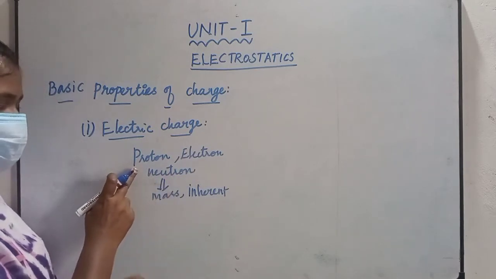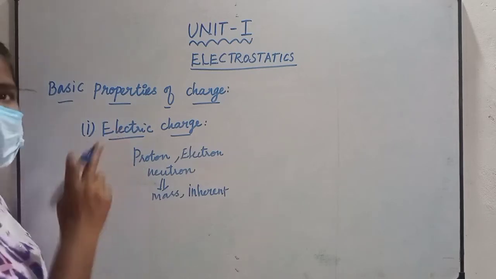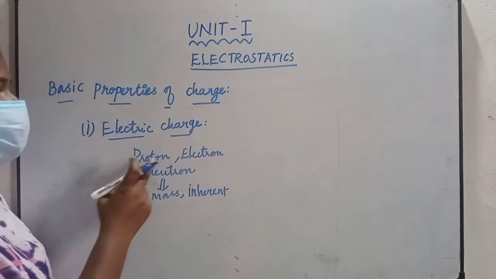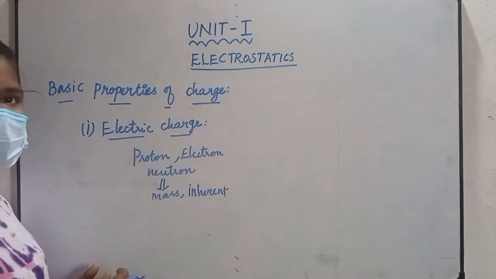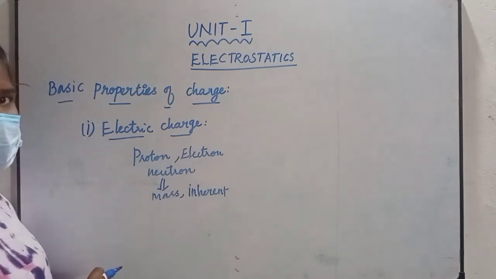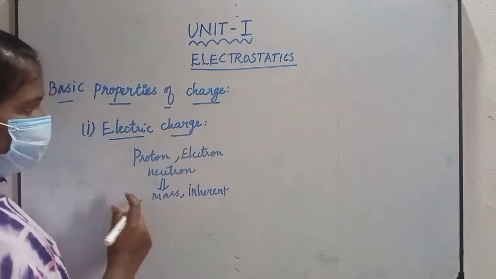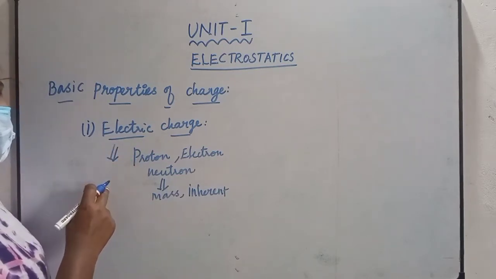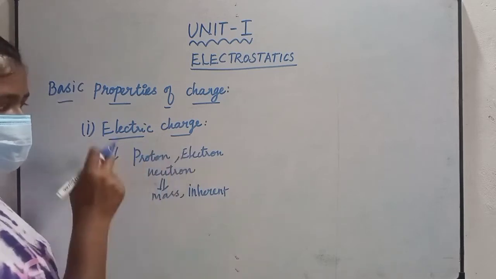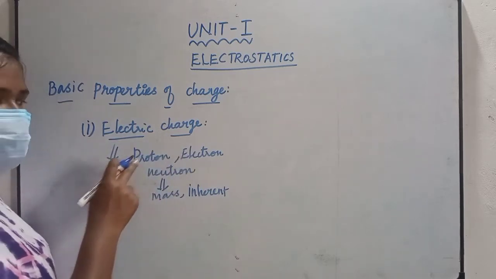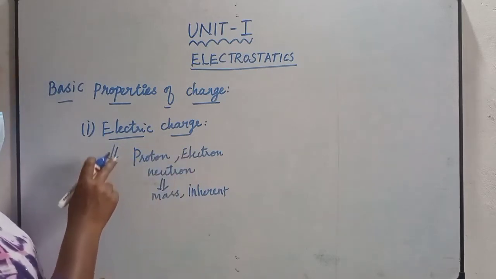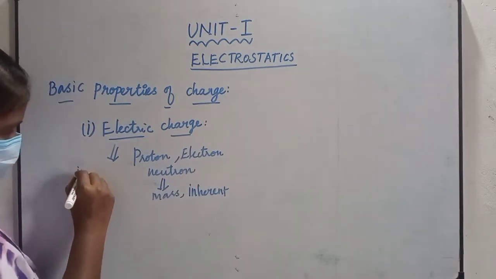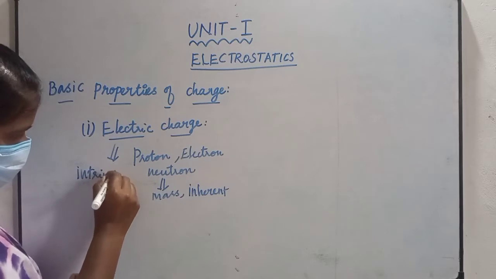Each particle, the proton and electron, not the neutron, has positive and negative charges. So this property is the electric charge. This electric charge is a basic and fundamental property of these particles, which we call an intrinsic property.